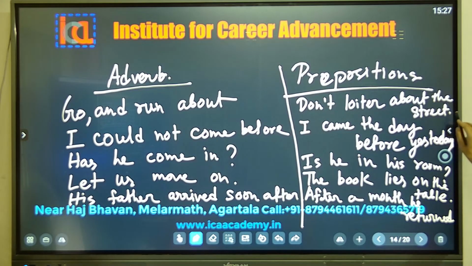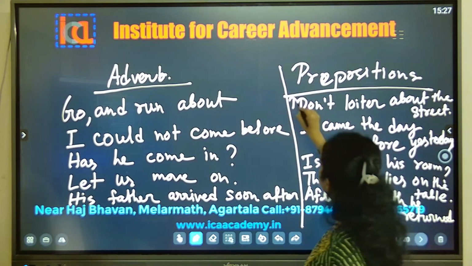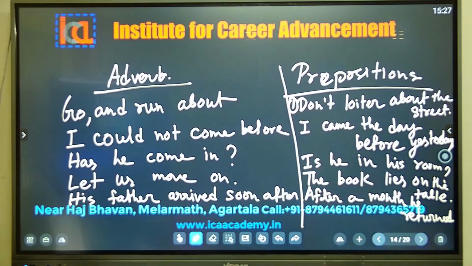Don't loiter about the street. This is the first sentence. Which is the preposition here? Which word is the preposition here? Don't loiter about the streets. Five words are here. Which one is the preposition?